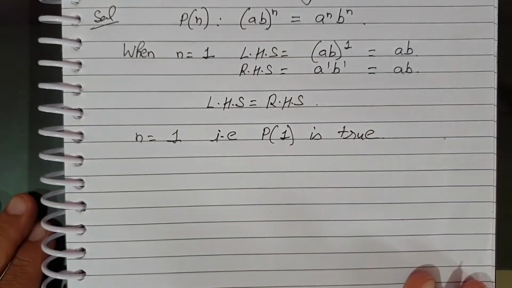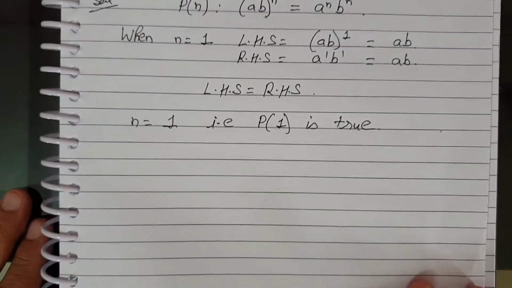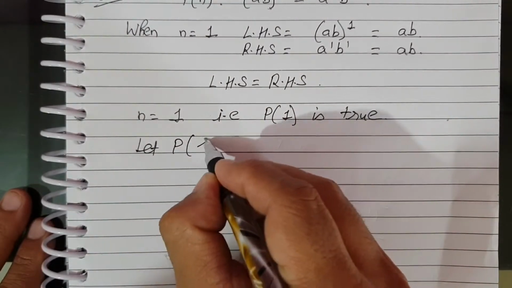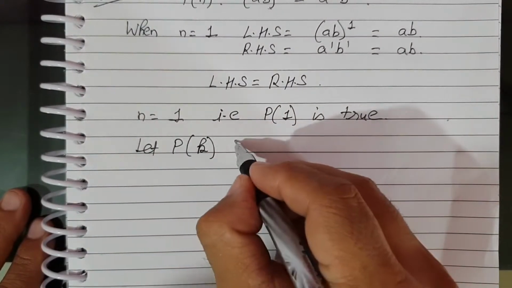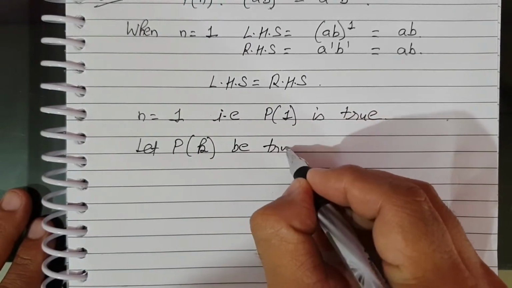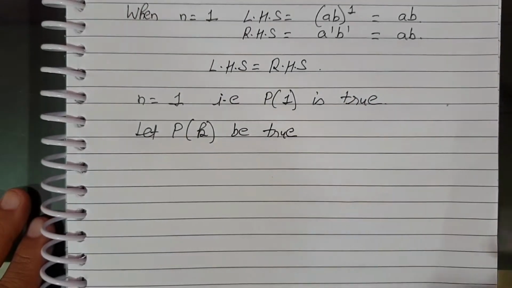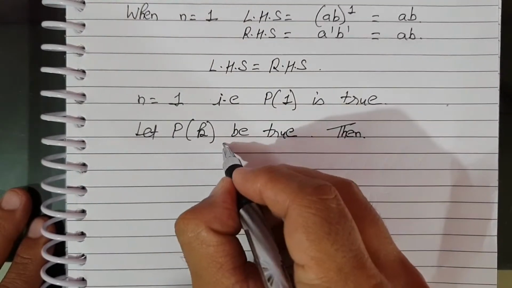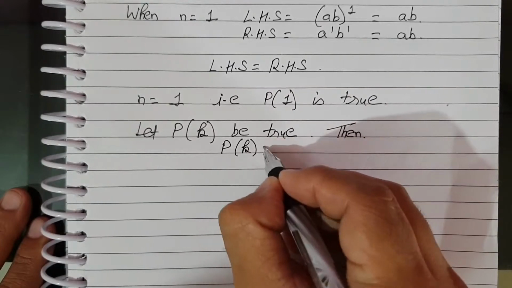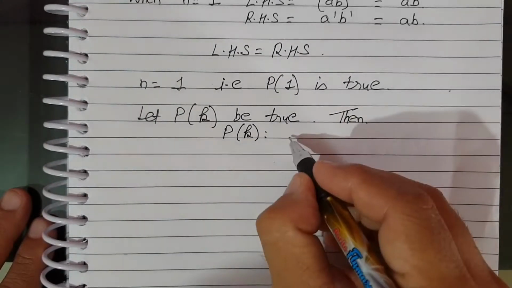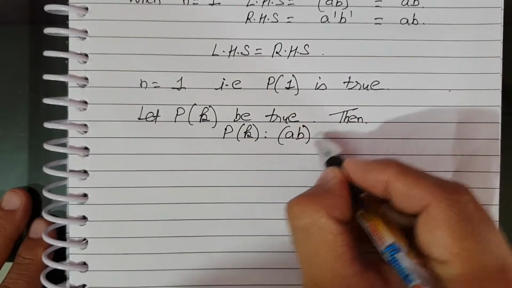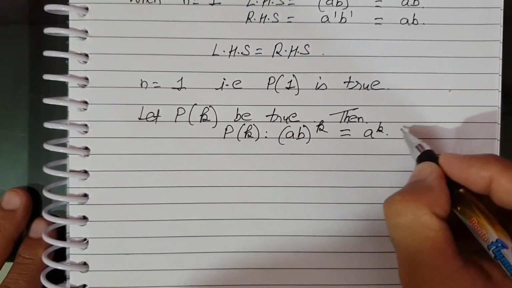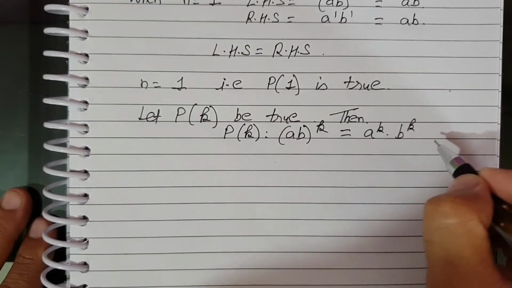P(1) is true. Now let P(k) be true. Then we can write P(k) such that (ab)^k equals a^k b^k.